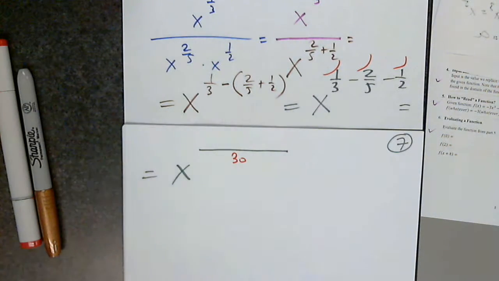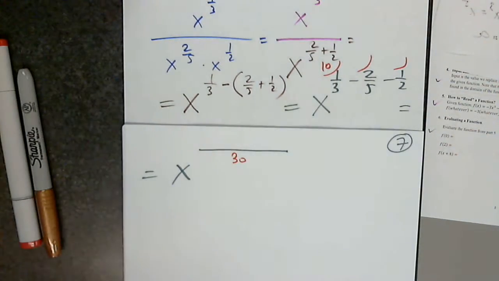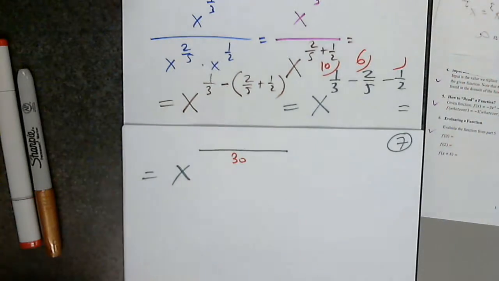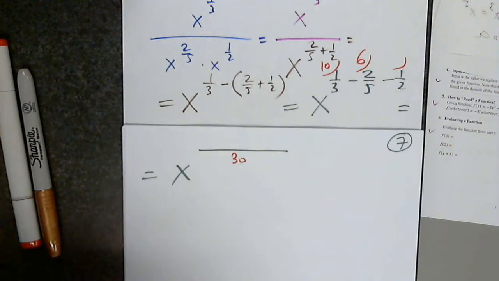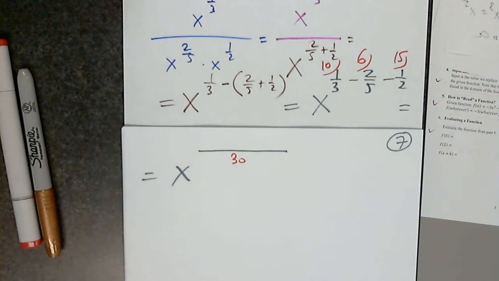What does the top of 3 need? Very good. What does the top of 5 need? Yes. What does the top of denominator 2 need? Excellent. So now tell me what you write at the top of this fraction.